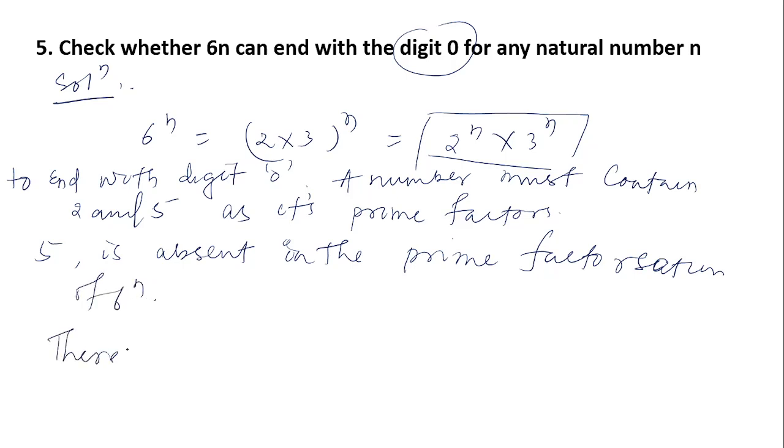Therefore 6 to the power n cannot end with digit zero.